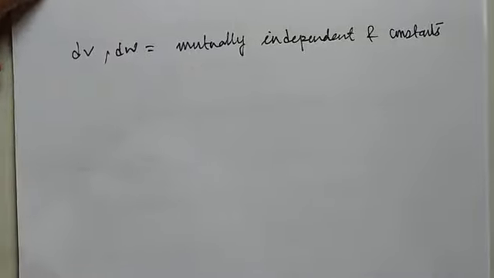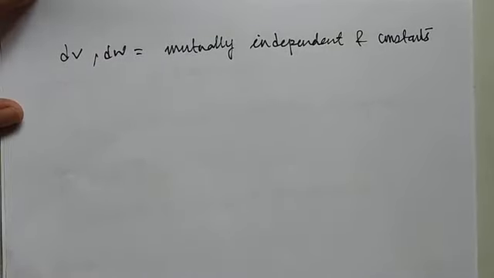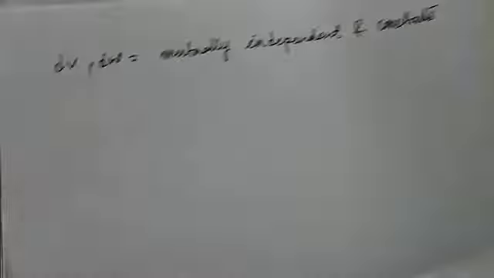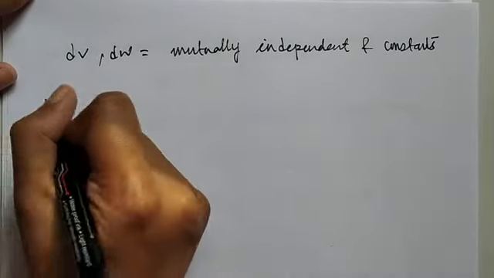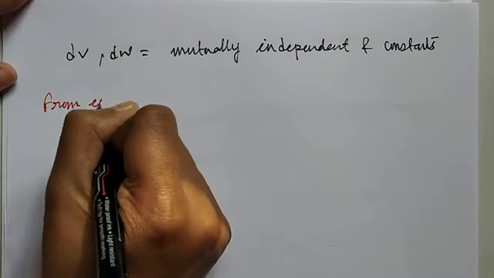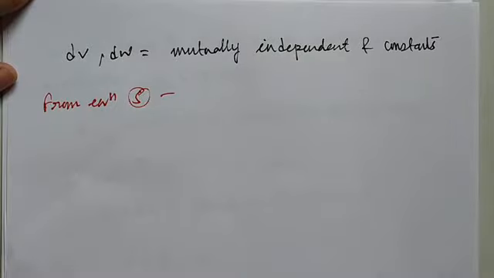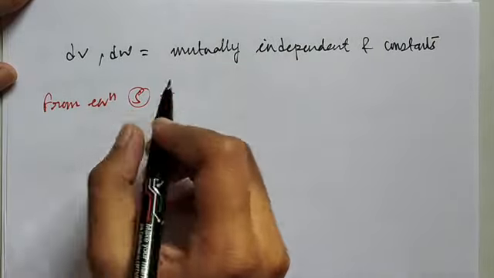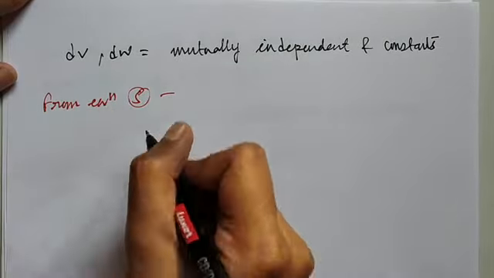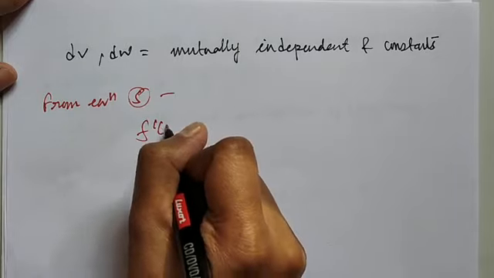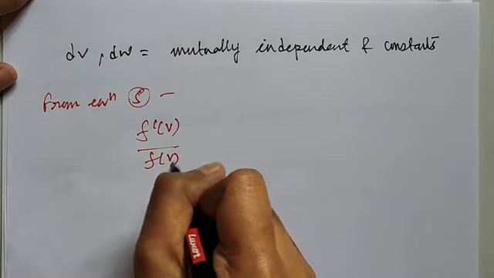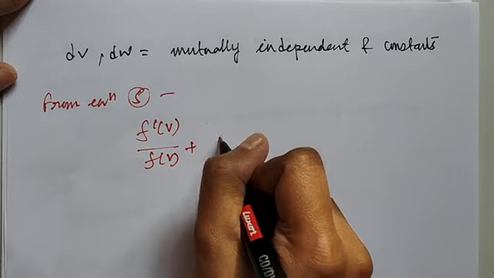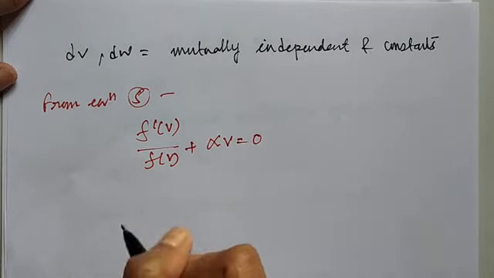So as we have chosen dv and dw mutually independent, from equation 5 we have the coefficient of dv, which is f prime v by fv plus alpha v, equals 0.